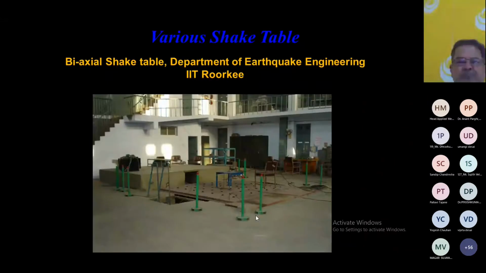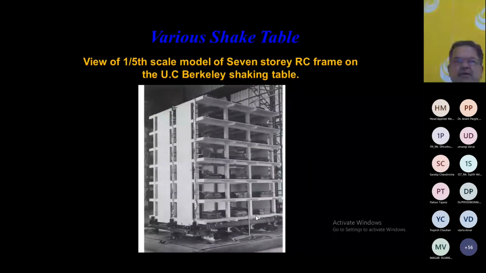This is the secure facility available at IIT Roorkee. Here you can see the view of a 1/5 scale model of a 7-story RC frame building at University of California, Berkeley, right?